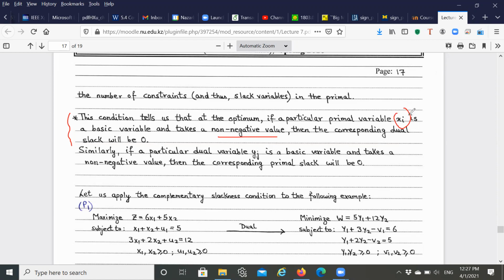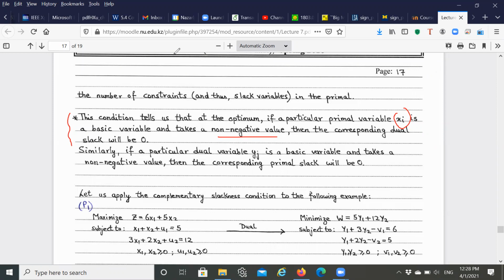So if in the primal, the decision variable xi is basic, then its corresponding dual slack will be equal to 0. Similarly, if the dual decision variable yj is basic, then the corresponding primal slack will be equal to 0.